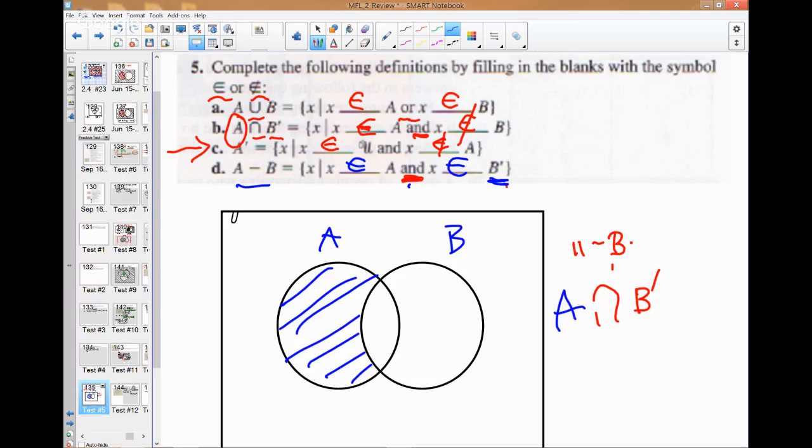If they'd had a B here, this would have been everything else, not an element of B, but they're saying it is an element of not B, which is kind of a backwards way of saying it's not in B. So I'll be honest, that was the hardest part of number 5.